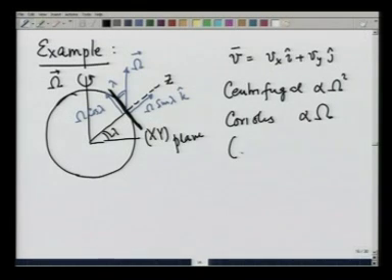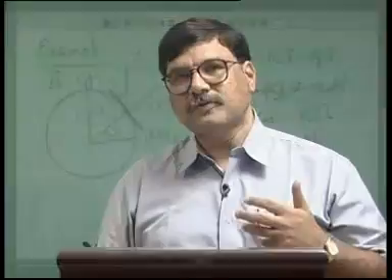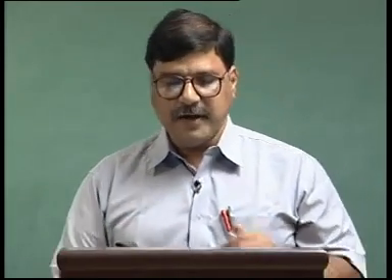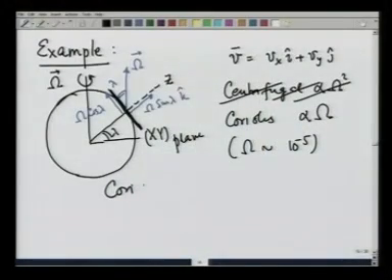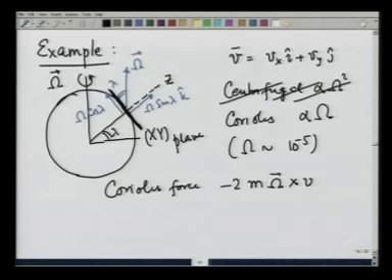We have already seen that omega is of the order of 10 raised to minus 5. So, in the first approximation I can neglect terms of omega square order. While calculating the effects of Coriolis force, again we will neglect terms of the order omega square, because omega square is much smaller than omega. So, if I calculate the Coriolis force, it is going to be proportional to minus 2 m omega cross V.